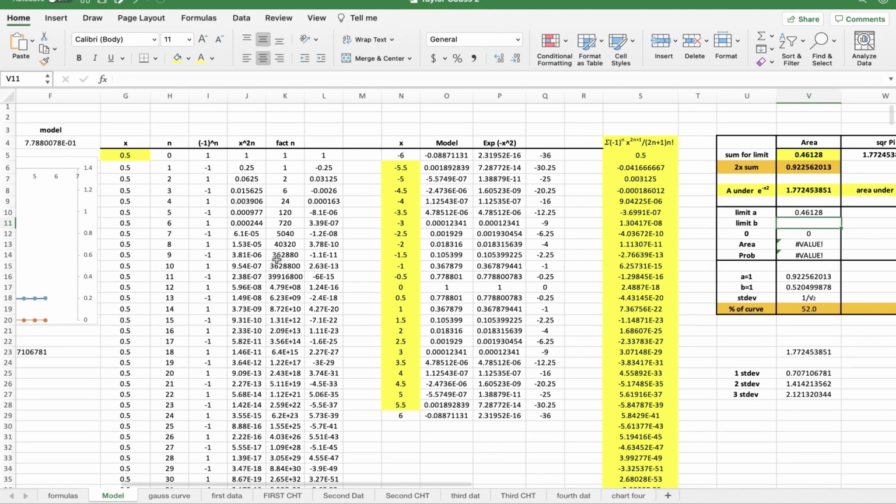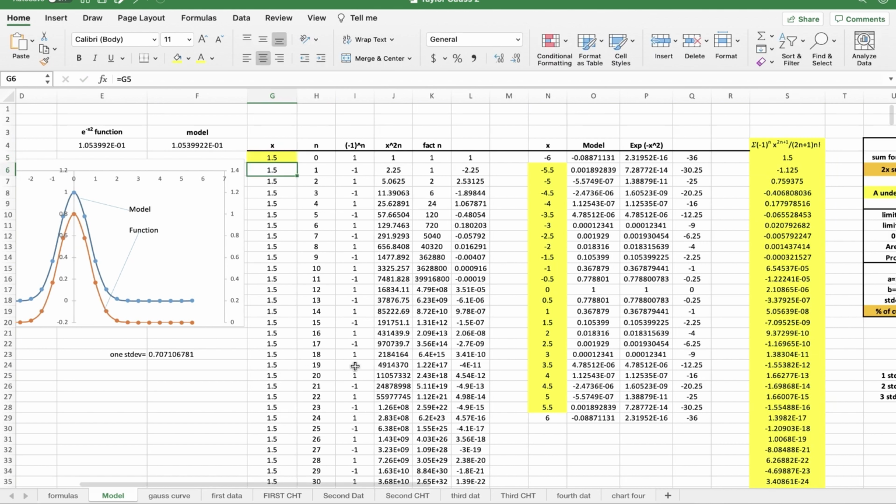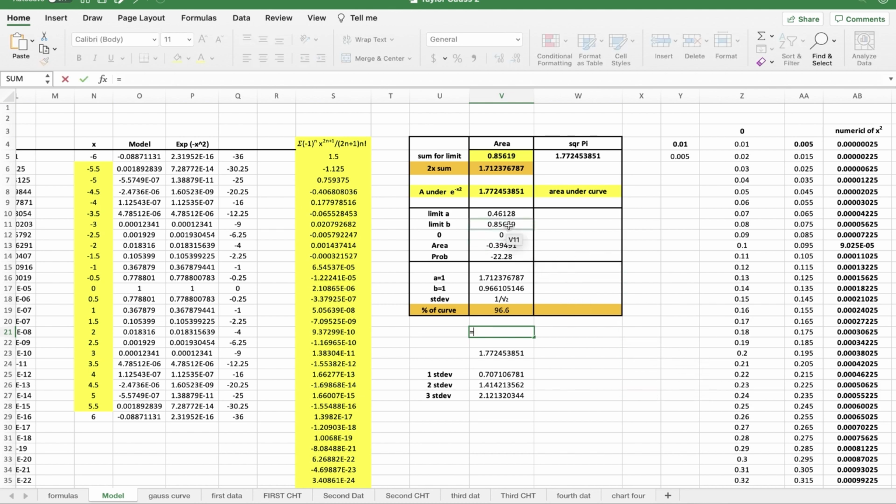And B, the upper end of our limit was 1.5. And so that turns out to be 0.85619, and then we just take the difference. Okay, the difference is equal to this minus that. That's how we would integrate.